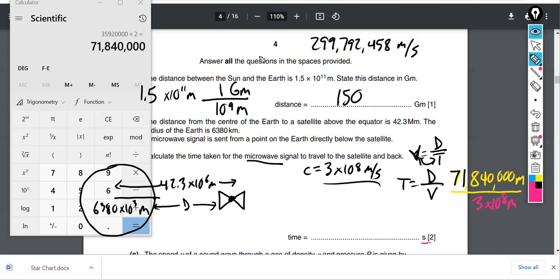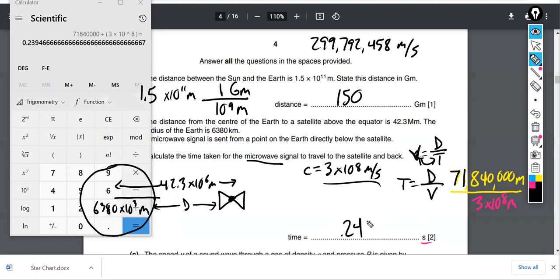And so everybody with a calculator out there knows that 71,840,000 divided by 3 by 10 to the 8, 300 million, is 0.23946 repeating seconds. And so let's round that to 0.24 seconds.